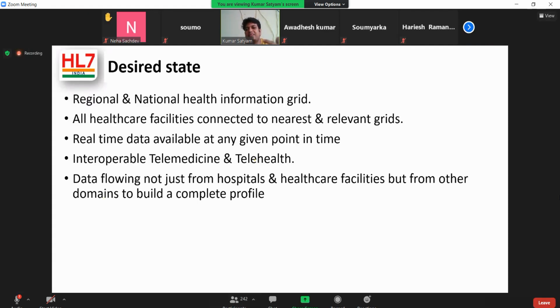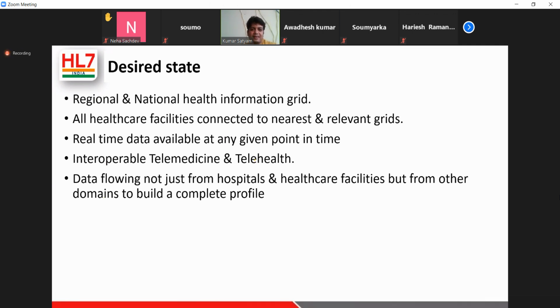They are having Fitbits and a lot of devices. They are taking prescriptions. So what I mean to say is healthcare is not only about hospitals and healthcare facilities, but the data is widespread, and we need to collect data from all the places to actually get one seamless picture of what the patient's problem is and how to treat it, right?